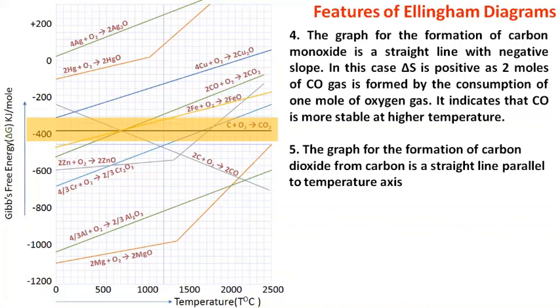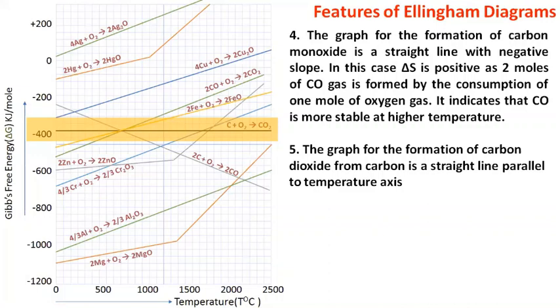So change in entropy, delta S, is equal to 1 minus 1, which is equal to 0. Since delta S is 0, when we substitute the value in delta G is equal to delta H minus T delta S, here delta H is negative because it is an exothermic process, and delta S is 0. So automatically delta G is equal to delta H.